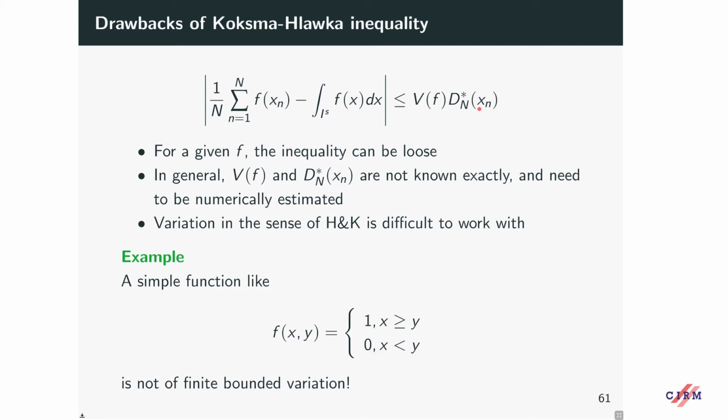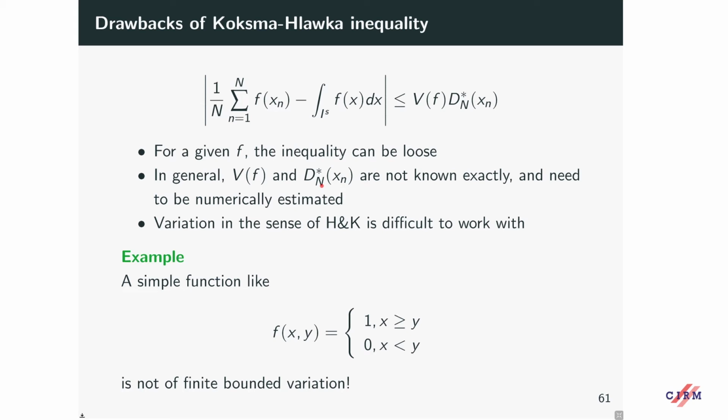If what you're trying to do is assess the error, it's not going to be useful. Even if it was useful, if you wanted to compute this upper bound, that would be very difficult. Computing the variation or the discrepancy is difficult. Discrepancy is an NP-hard problem.